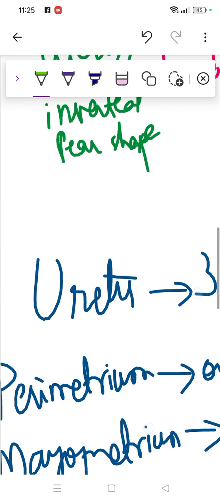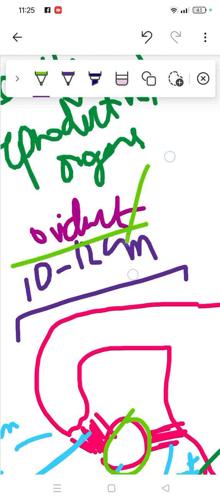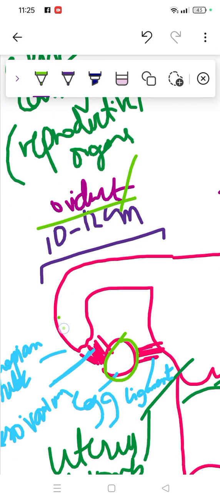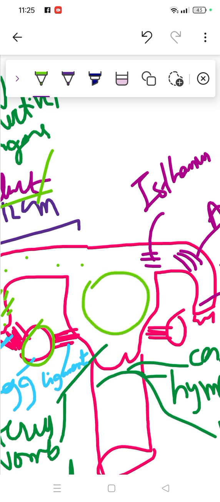So let's see in the picture. This is called the oviduct or fallopian tube as well. What you'll see here is a cilia-like structure, and of course cilia help in movement. So this egg will move through the cilia, then continue, and then reach this position. So I'm sure it's clear to you.